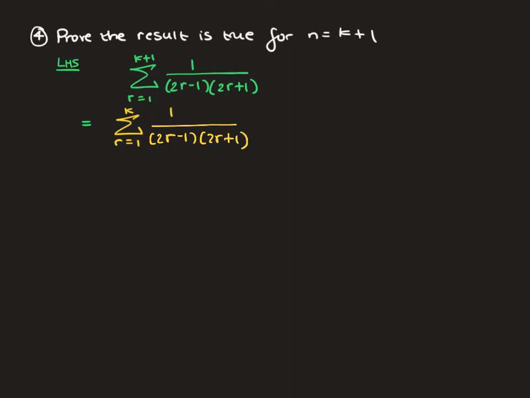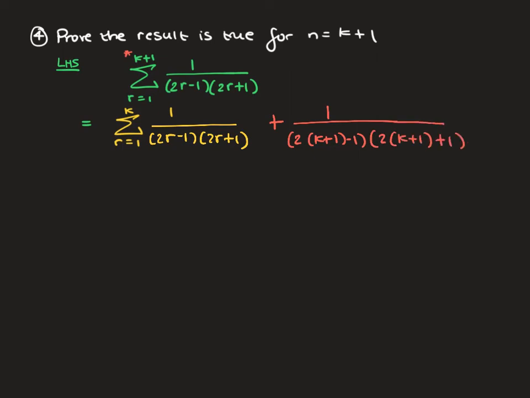But of course, we have to add on the k plus 1th term if we want to make sure we're working out the sum of k plus 1 terms. So we've got the sum of the k terms in yellow. The k plus 1th term would then be 1 over 2 bracket k plus 1 minus 1 to bracket k plus 1 plus 1. Can you see what I've done there?